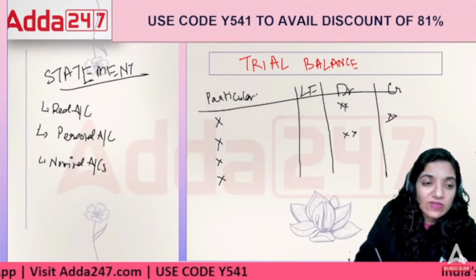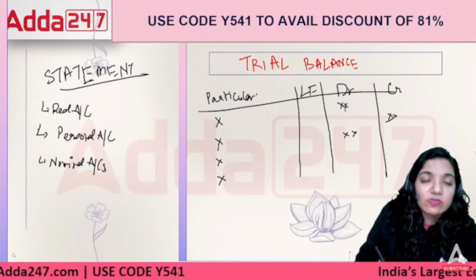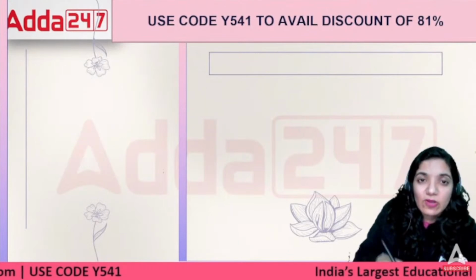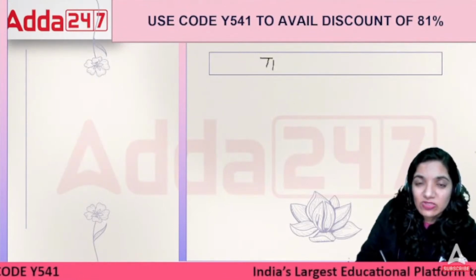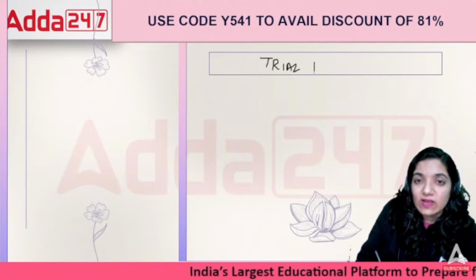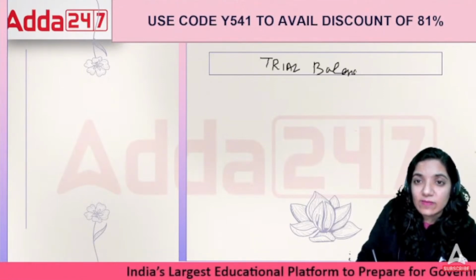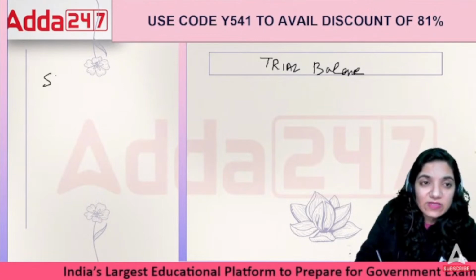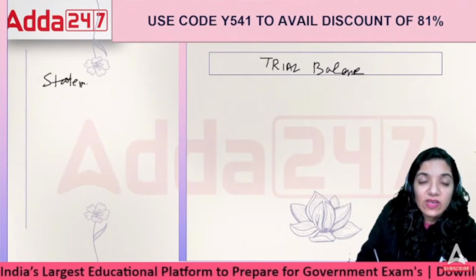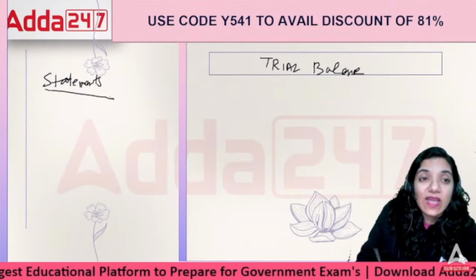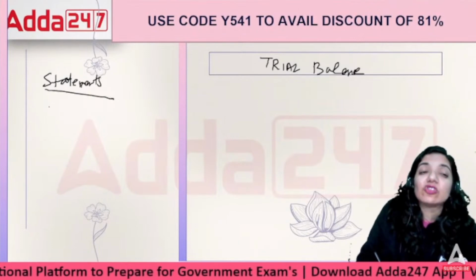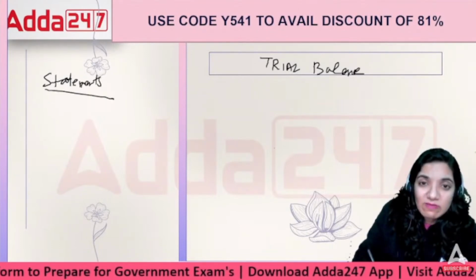So when we're talking about these classes, when we're talking about the statement, one of the basic things, okay, let me just compile it. Trial balance. It's a statement, not an account. It includes all the accounts, and it is basically a statement which includes all the debits and the credits in terms of the ledger.